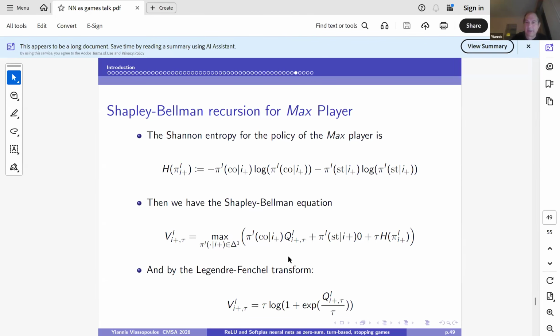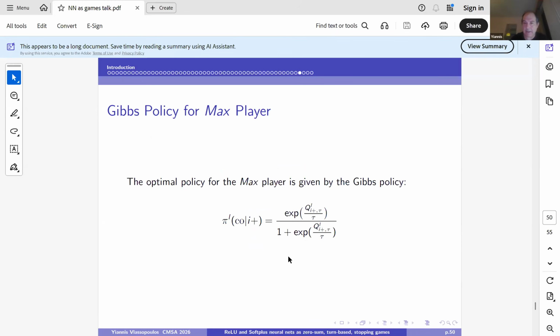So what you have is the Shannon entropy of the policy and just this Q. Applying this Legendre transform that we had before, we end up precisely with the fact that the value is the log of 1 plus e to this Q. And the optimal distribution that we had before now becomes a Gibbs distribution. So this is the probability, and the other part is just 1 minus that.